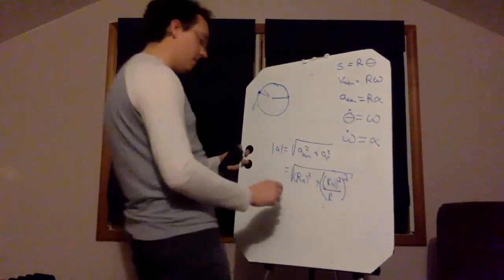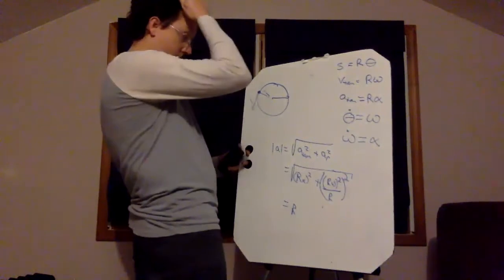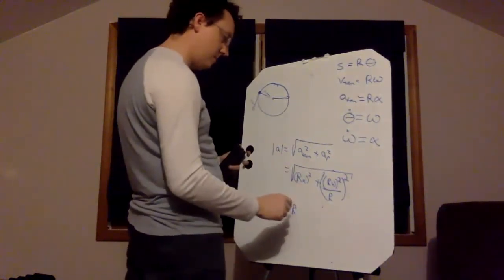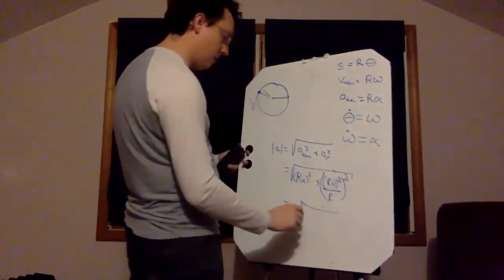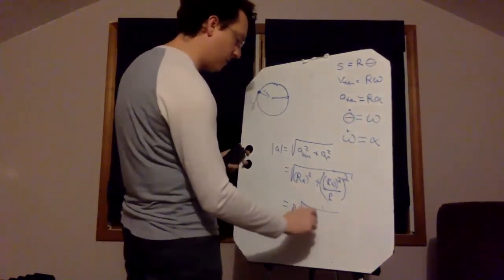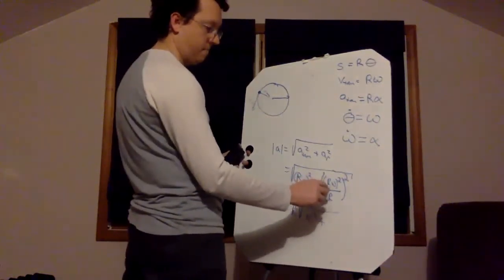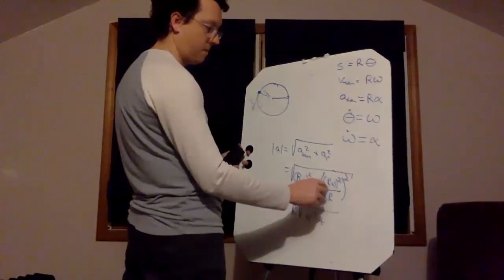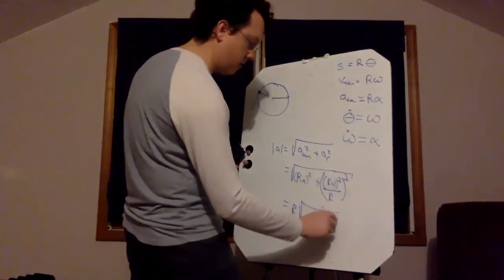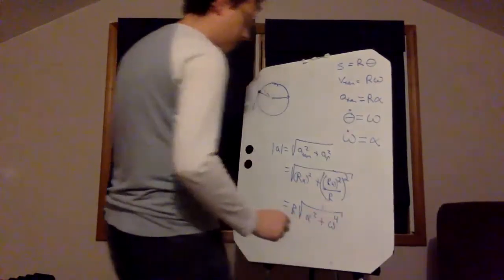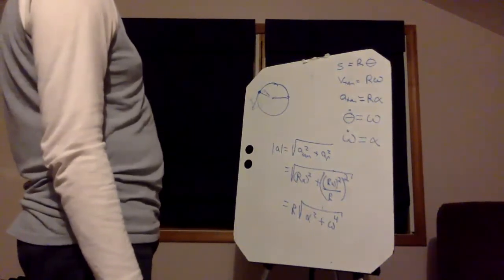And you can clean this up a little bit. This gives me R times the square root of alpha squared plus omega to the fourth. So it'll be R omega squared.